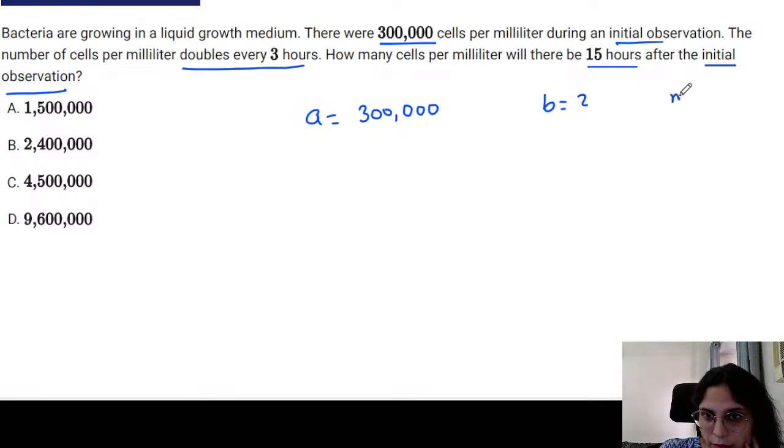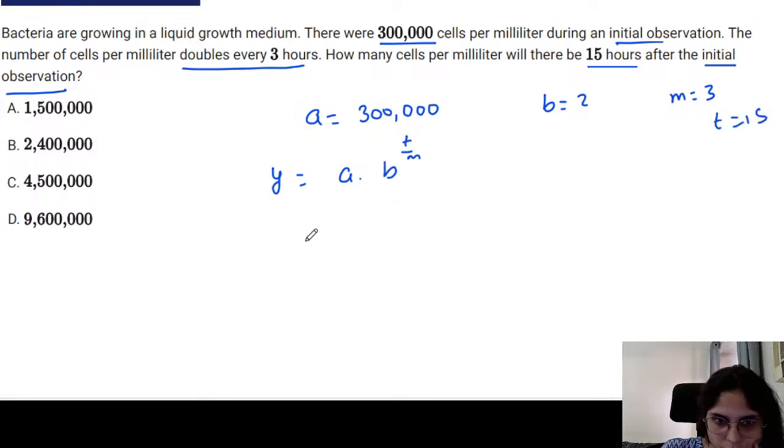B is 2 and your M is 3 because you are doubling every 3 hours. So your equation is going to be A times B to the power T over M. And your T is 15. You write everything. Y is going to be 300,000 times 2 to the power 15 over 3.